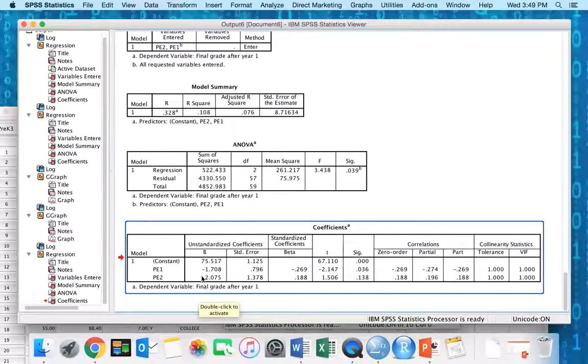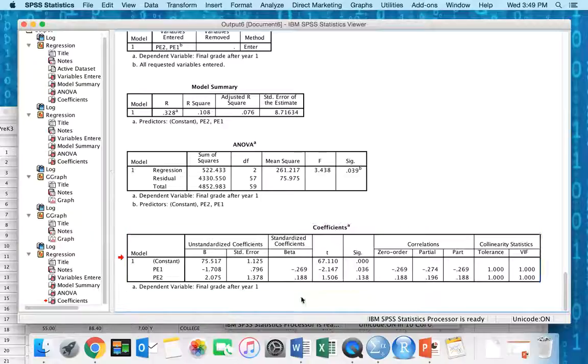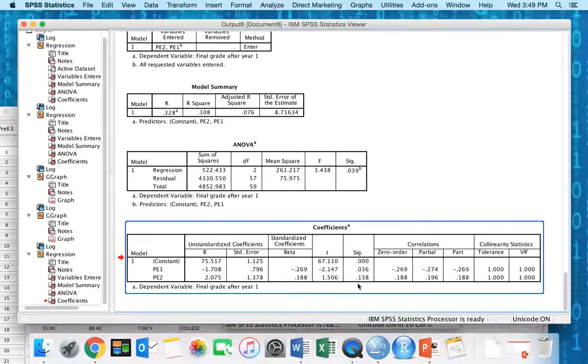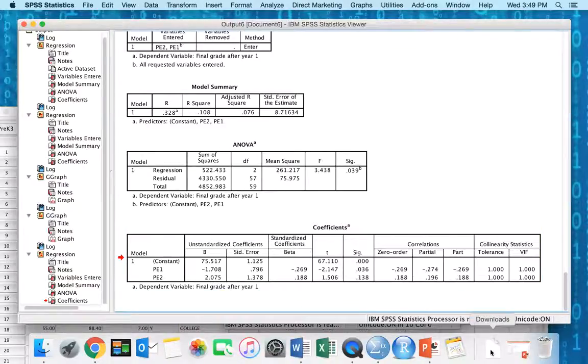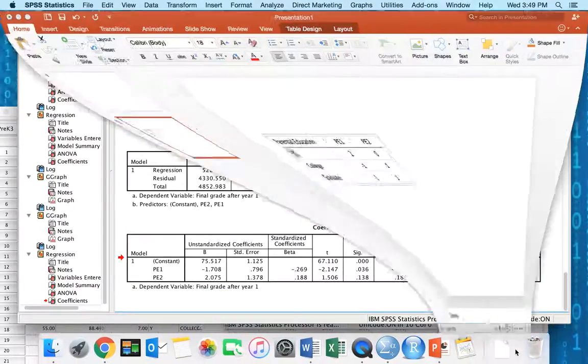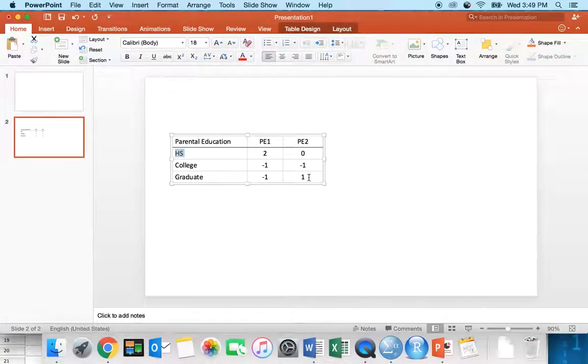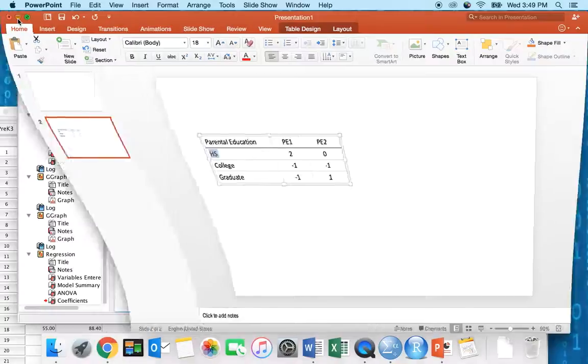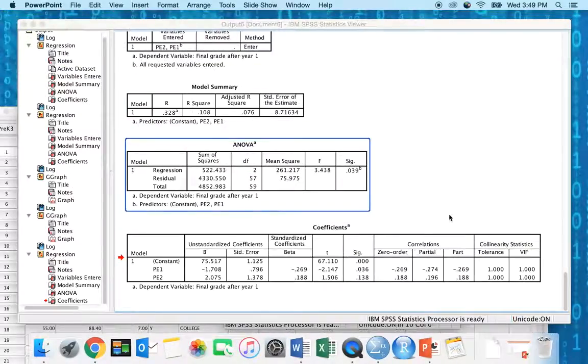Okay, the next coefficient is, of course, comparing college and graduate level education and its effect on final grade after year 1, and we see that there is no significant difference. So we can't say this is different from 0 significantly. If you want to know what this represents, 2.075 represents 1/2 the difference between college and graduate levels on the variable of final grade after year 1.